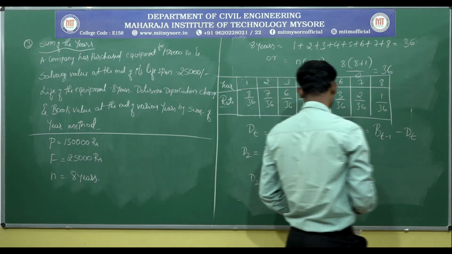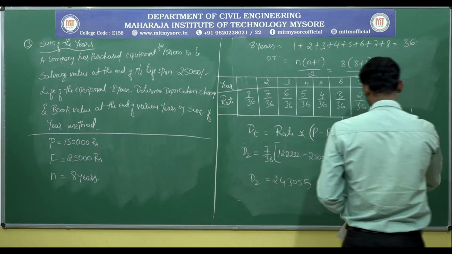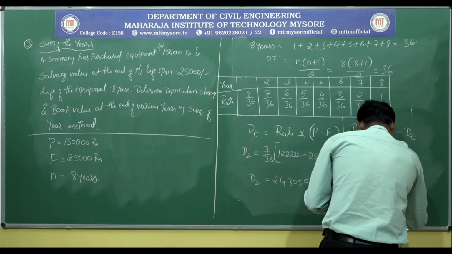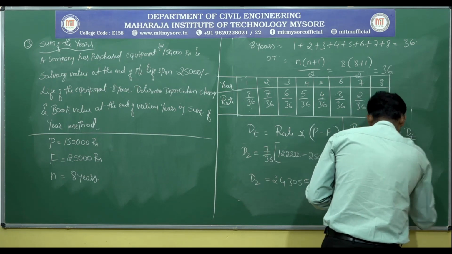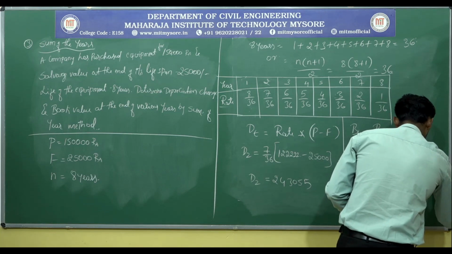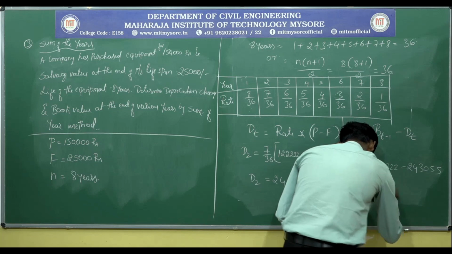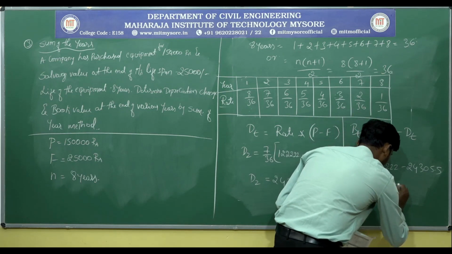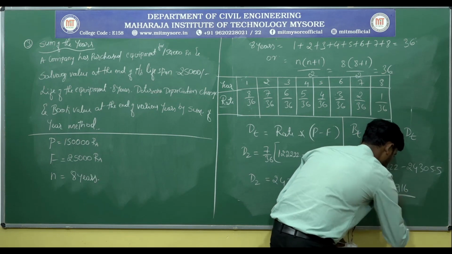Now for B2, previous value B(t minus 1), now 2 minus 1 is 1, the previous value was 122,222 minus 24,305.5, so B2 will be 97,916.